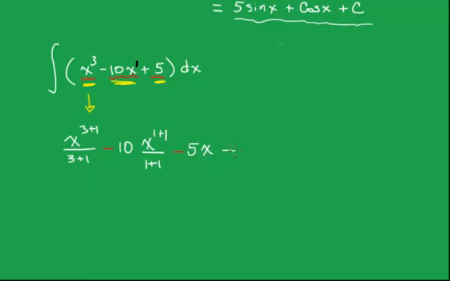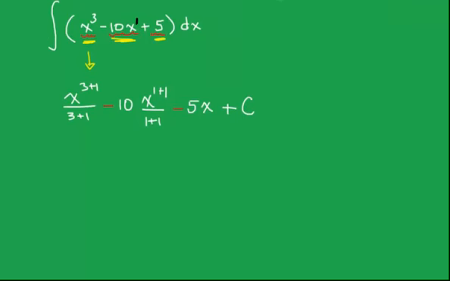And obviously, we add the constant of integration. So how does that work? We get x to the 4th over 4 minus 10 x squared over 2 minus 5x plus c.